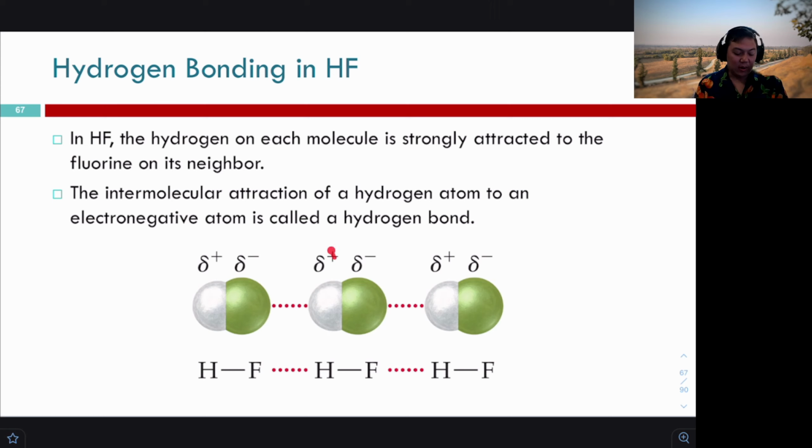It is in a way a dipole-dipole force, because we have the partial negative and the partial positive. But because these are such small atoms, they're able to get closer. And if you've ever played with magnets, you know that the closer the magnet gets to something magnetic, the stronger that attraction is. So if we can get these different charges closer together, they're going to be attracted more strongly.